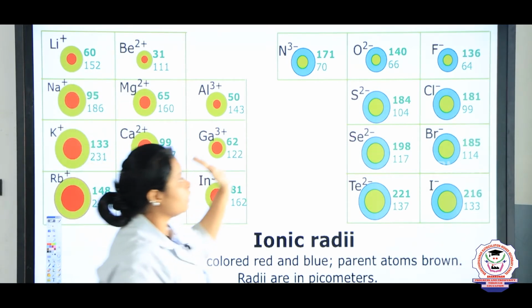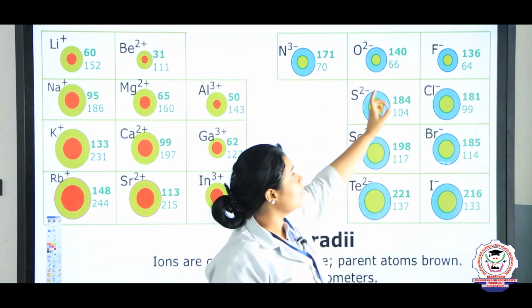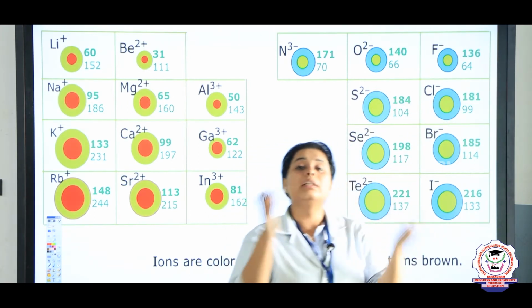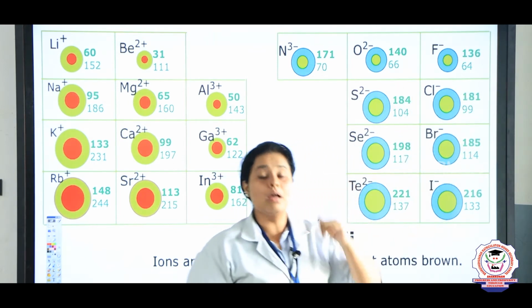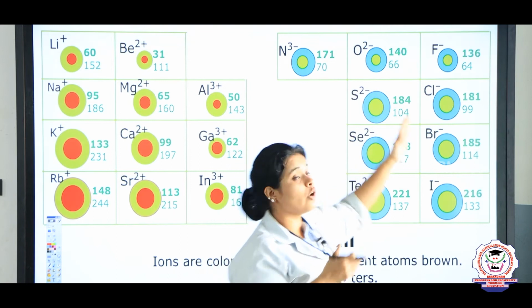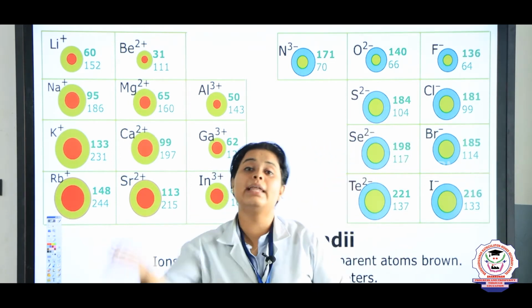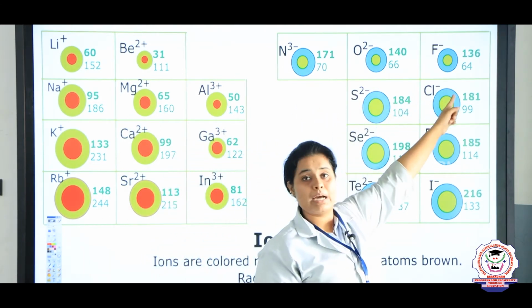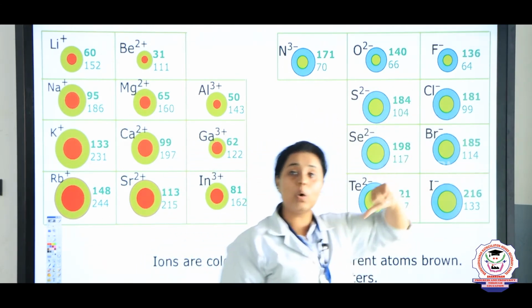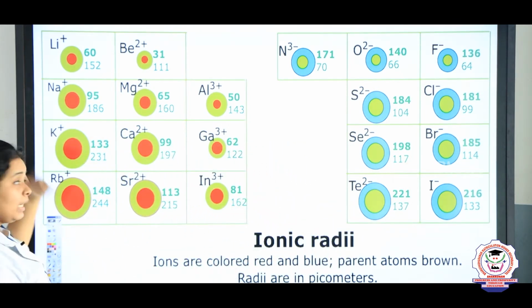Coming to this side, you can see that fluorine normally has an atomic radius of 136 picometer, but when an electron is added to it, minus means an electron is additional, the radius will become 64.